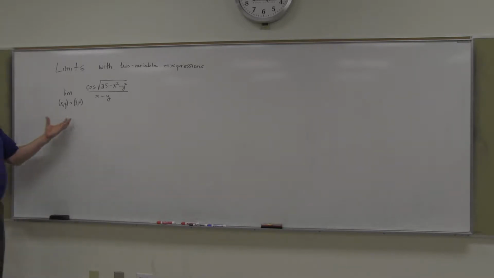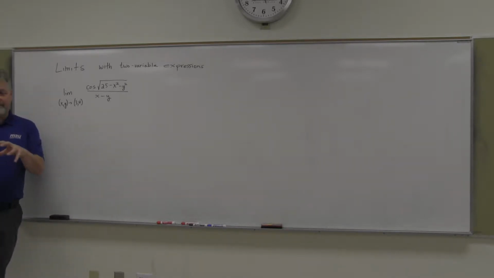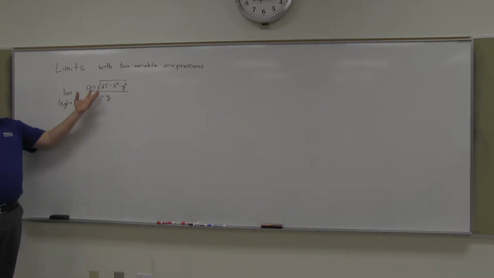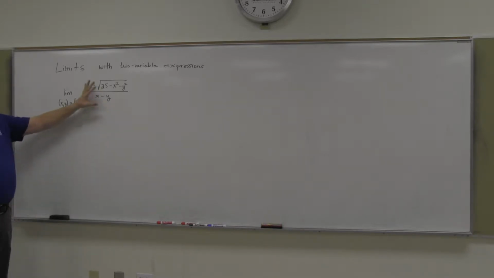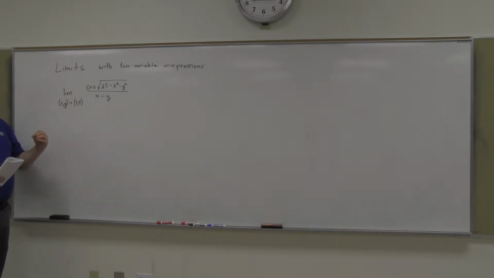And then if we really think about what this means, I'm trying to take this expression, which is pretty complicated if we think about the graph there. And this even complicates it more. So let's just say that's a sphere or something like that, and we're coming in to this point on the graph of that thing.